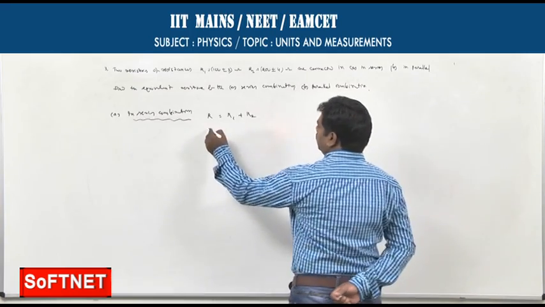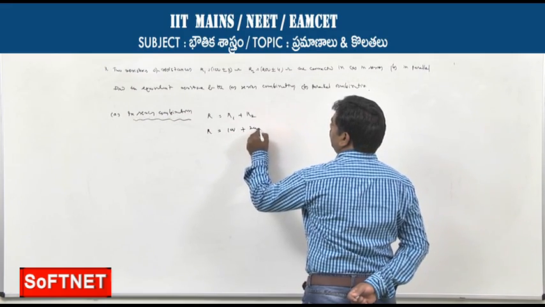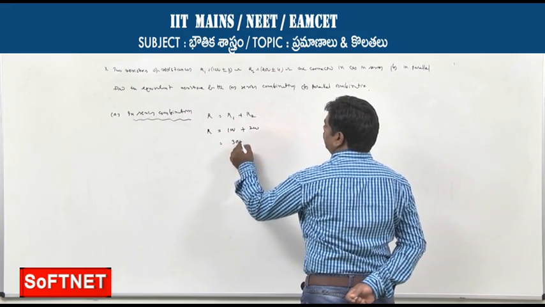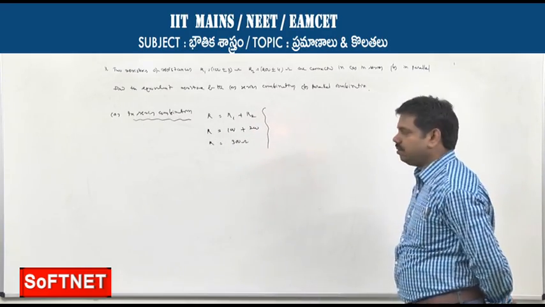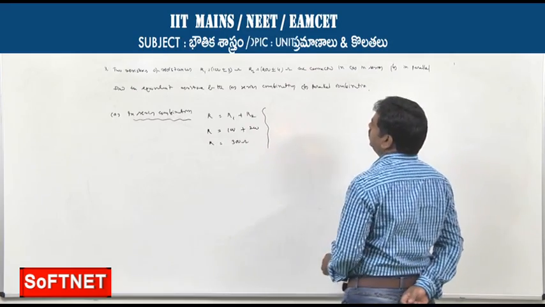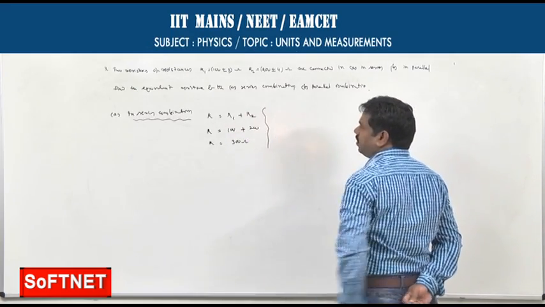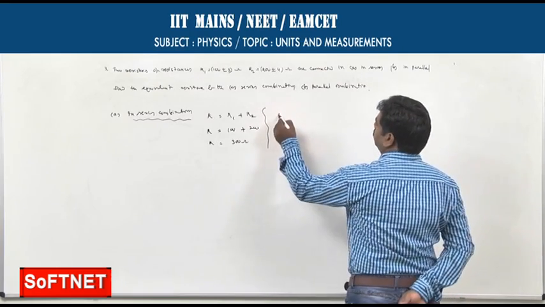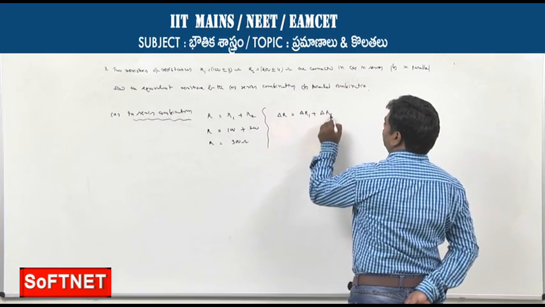So, resultant resistance in series combination is equal to 100 plus 200, that is 300 ohms. And what error will you get in the measurement of the capital R, that is the resultant resistance in series combination? Already we know the propagation of the errors in addition. So, delta R is equal to delta R1 plus delta R2.